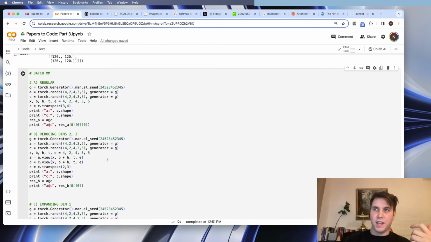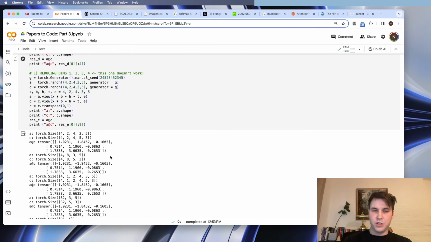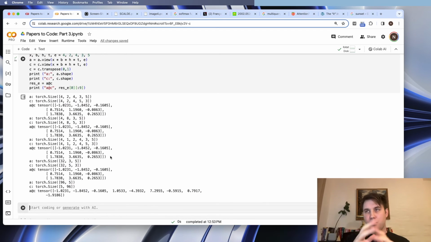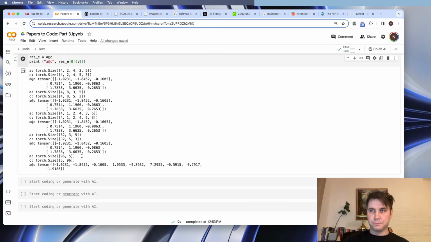But in all cases, because the last two dimensions are preserved, this 3 and 5, we always end up with the same answers. And you can read through this on your own. But essentially, no matter how I'm moving around and shaping these large 5 up to 6-dimensional tensors, I'm always getting the same answers.